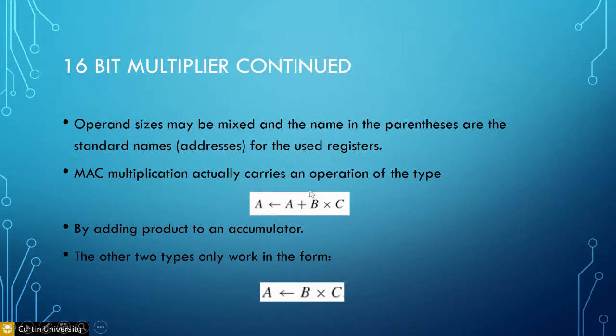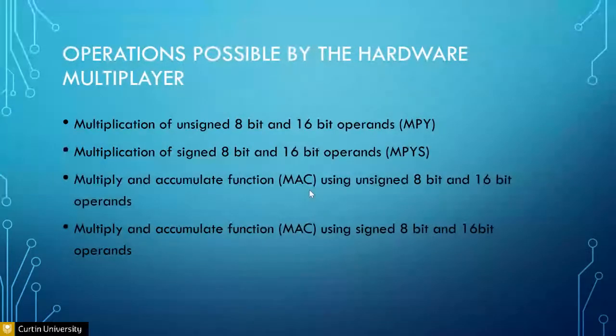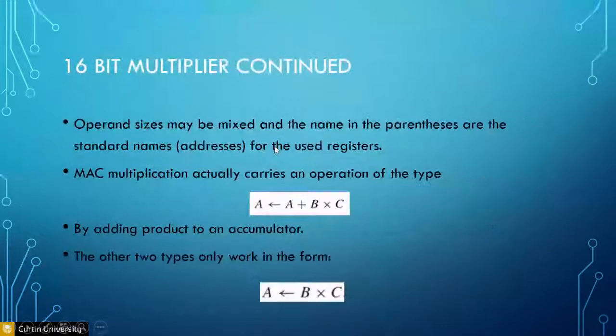Essentially, you have to put the values into these registers. MPY is for multiplication of unsigned 8-bit, and MPYS is for signed. MAC is for the accumulate function: A equals A plus B multiplied by C. So this is a cumulative function, and MAC is the register that stores the accumulation.